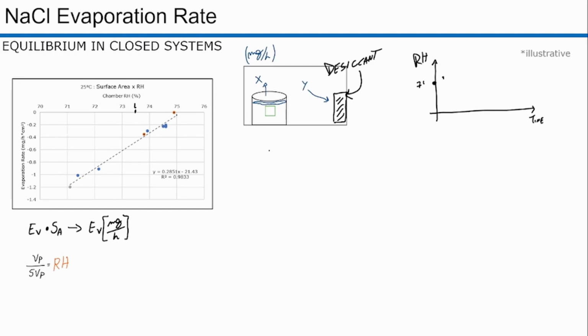If we check what's happening in a very illustrative way, your solution will begin from the equilibrium and will lose water to the desiccant, so the relative humidity will fall for a while.